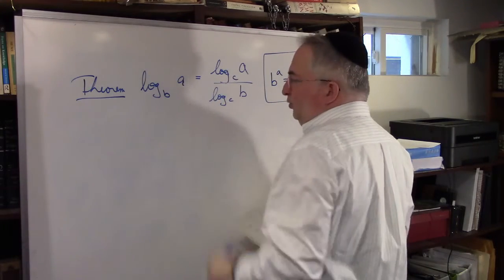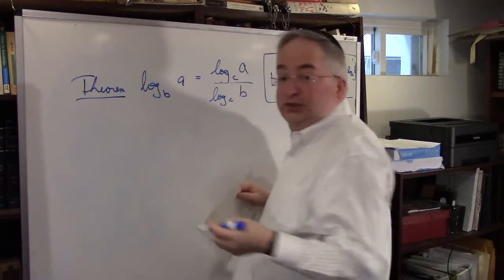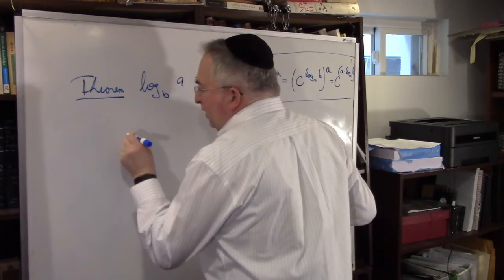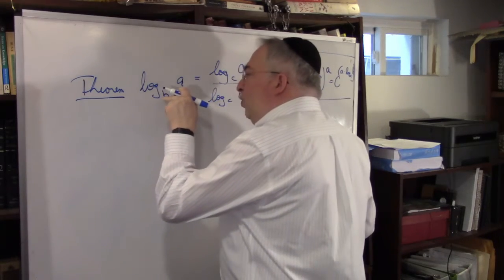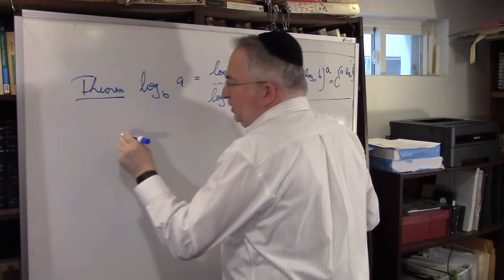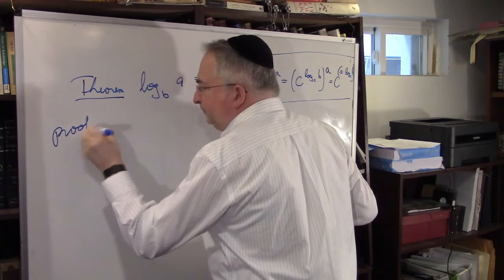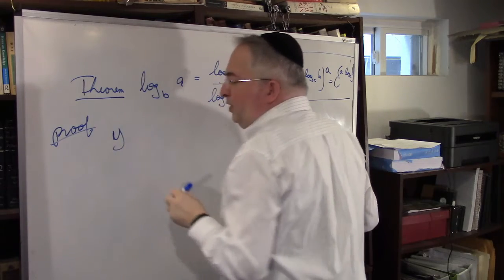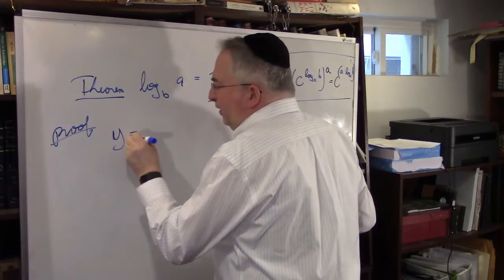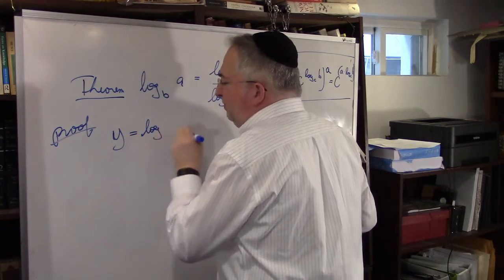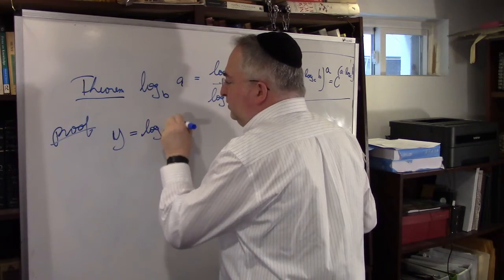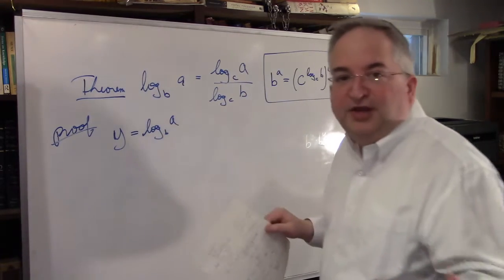Why is this true? Let's do it. I want to know what log base b of a is. I don't know what it is, so when I don't know what something is, I set it equal to a variable, y. That's a typical mathematical trick. If you don't know something, give it a name.